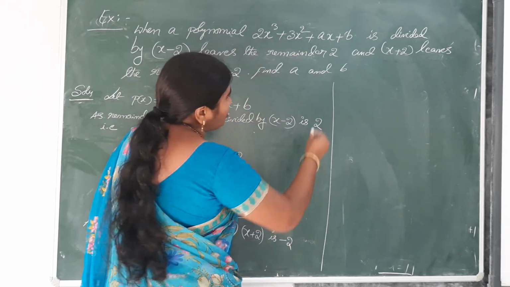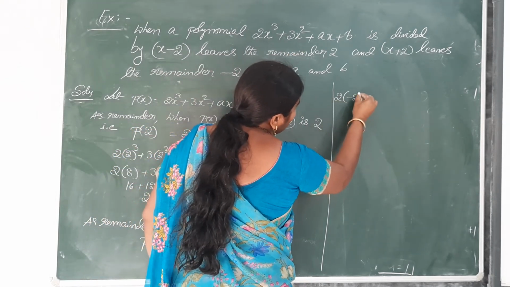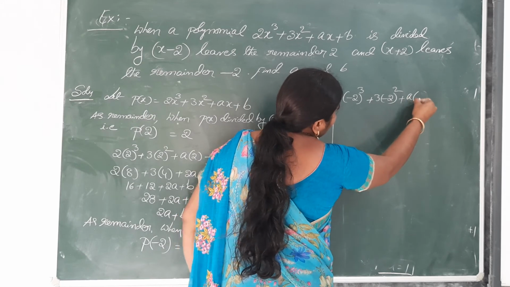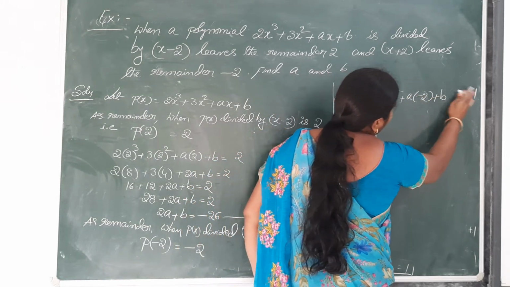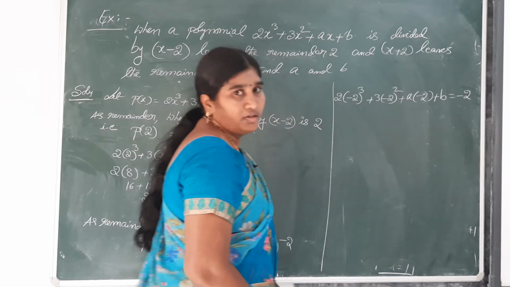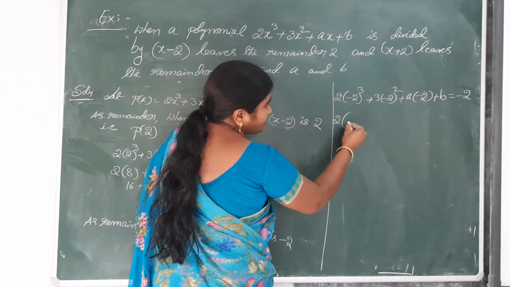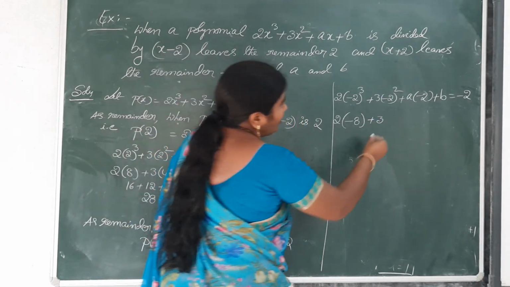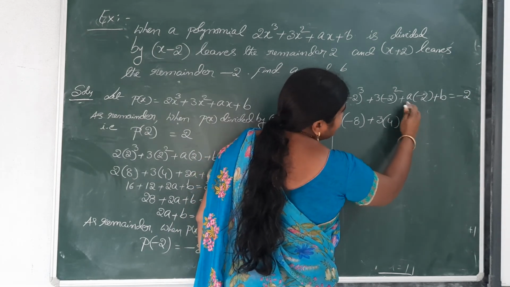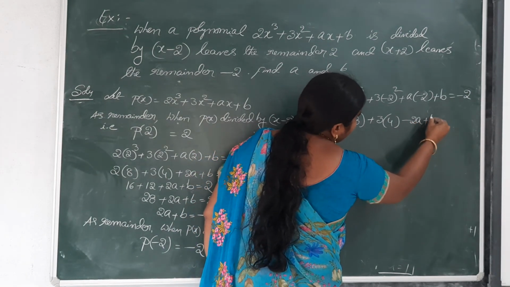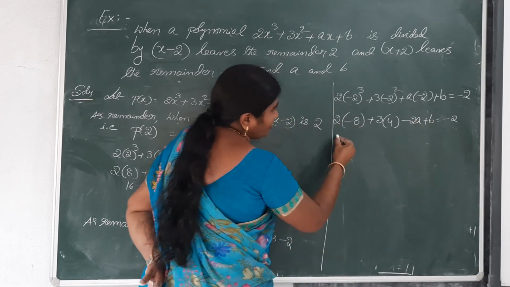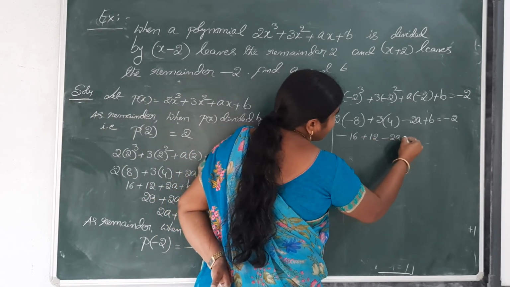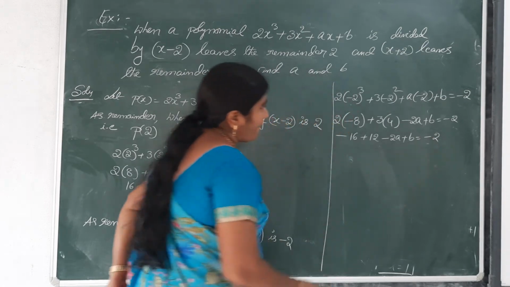Replacing x by minus 2: 2 into minus 2 whole cube plus 3 into minus 2 whole square plus a into minus 2 plus b equal to minus 2. 2 into minus 2 whole cube is minus 16 plus 3 into minus 2 whole square, which is 12, minus 2a plus b equal to minus 2.